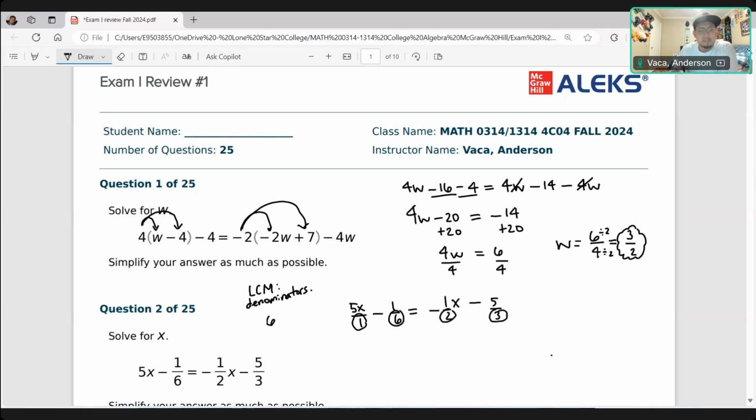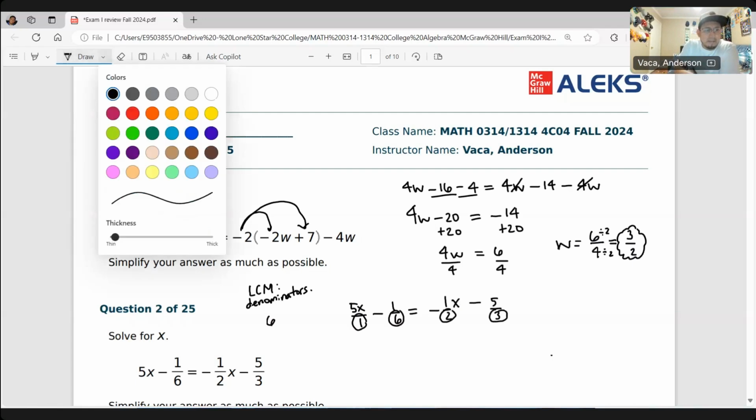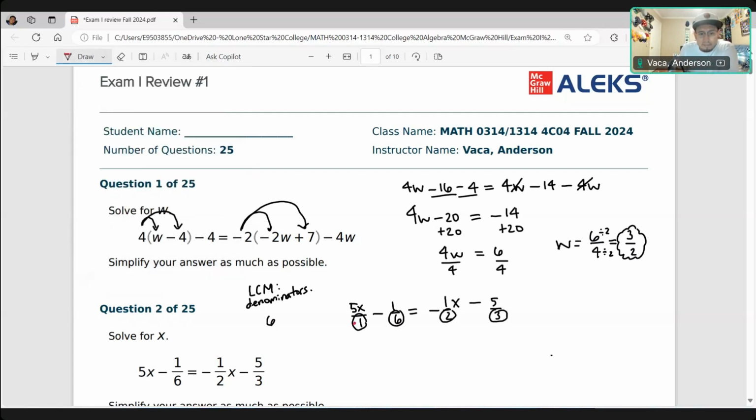So I want to make sure that every denominator here is 6. So I'm going to multiply this by 6. But if I do so here, I must also do it up there. Right here, 6, that's already 6. I'm going to leave that alone. But this right here, I'm going to multiply by 3. And so upstairs, multiply by 2. Also do that upstairs.